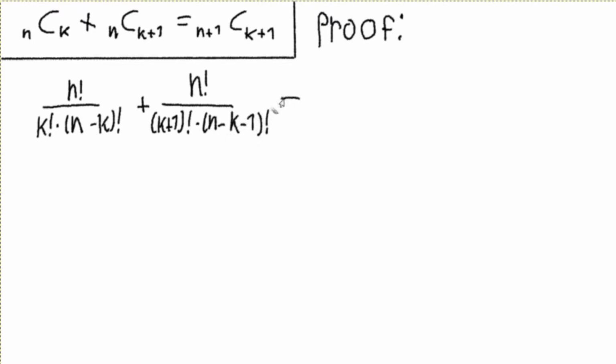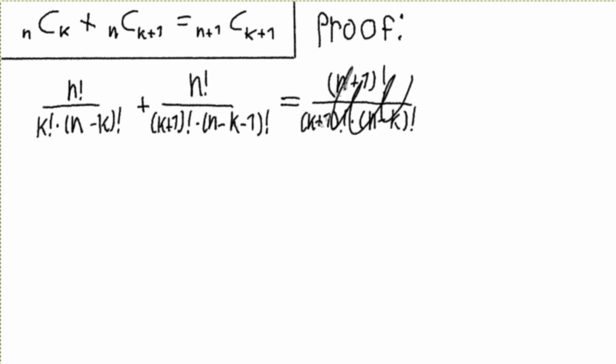We have to prove that we can manipulate this and somehow get n plus 1 factorial over k plus 1 factorial times n minus k, and this minus 1 is gone because it's n plus 1 minus k plus 1, so n minus k factorial.